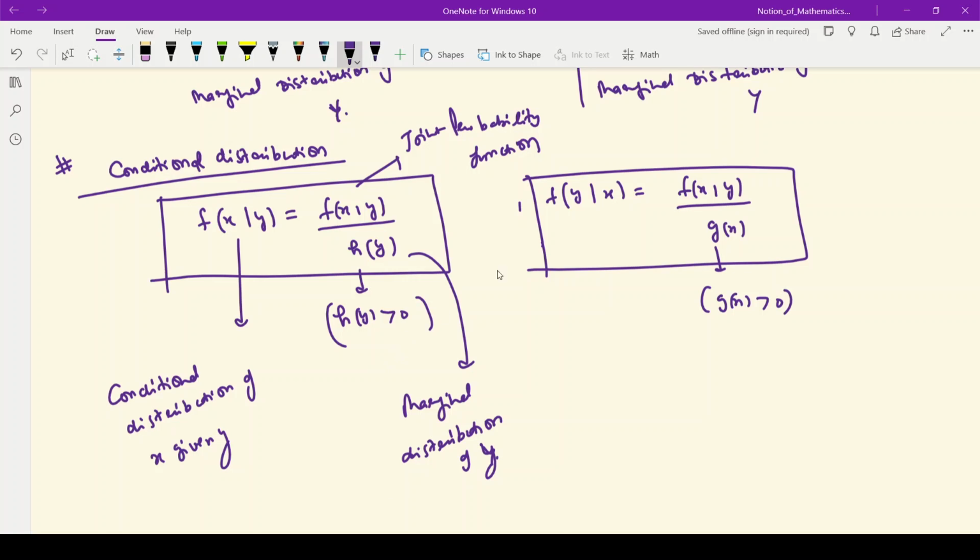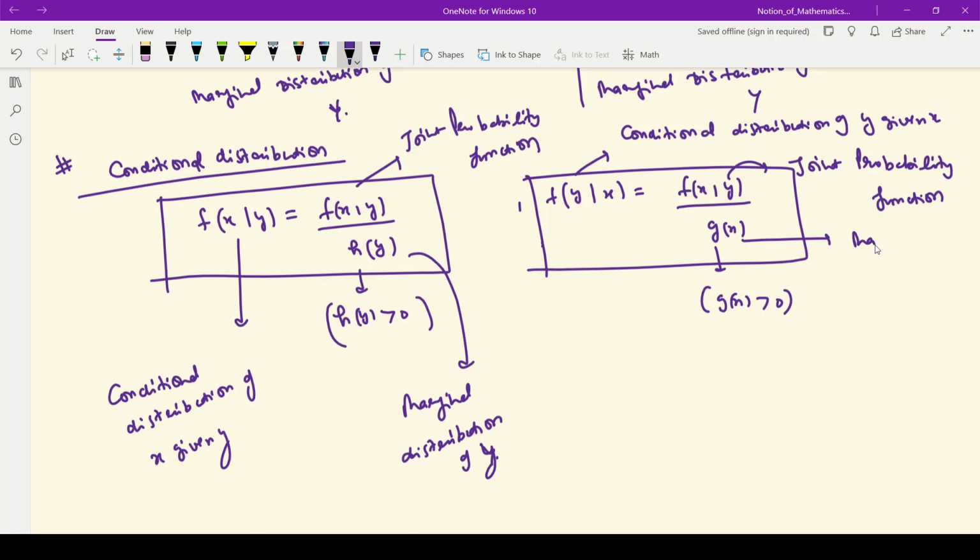Now this other one is the conditional distribution of y given x. It is the joint probability function upon the marginal distribution of x.